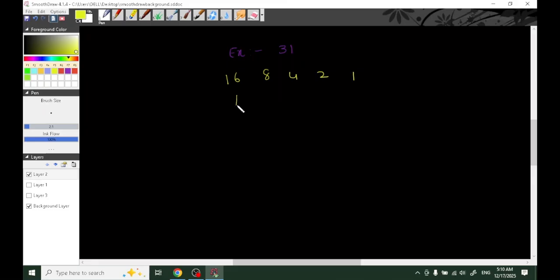So 16 will be 1, 8 will be 1, 4 will be 1. 16 plus 8, 24, 24 plus 4, 28, 28 plus 2, 30, and this one will also be 1. So 5 ones is the binary code of 31.